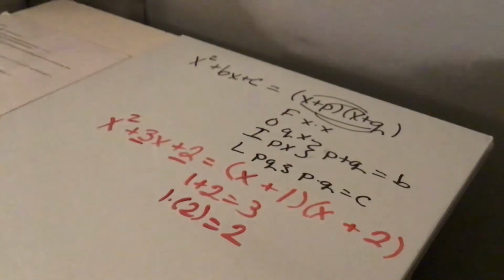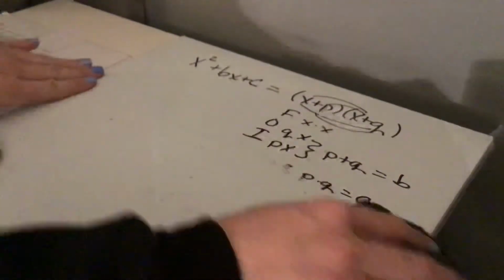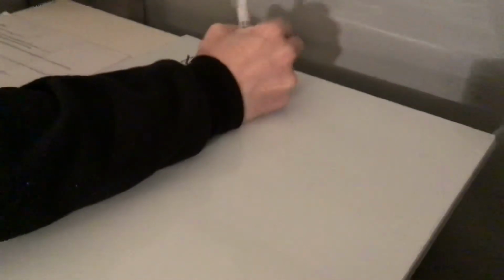So let's work through some examples, okay? I told you how that one worked. So we have x squared plus 8x plus 15, okay? It's our first example. So our constant is 15, right?